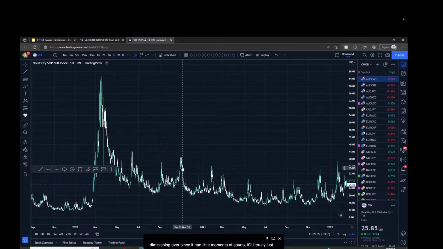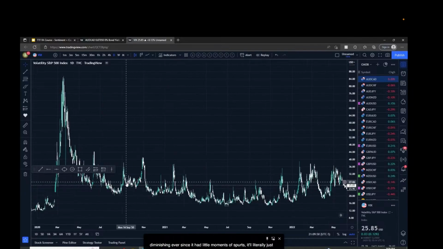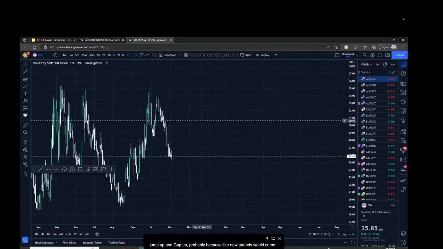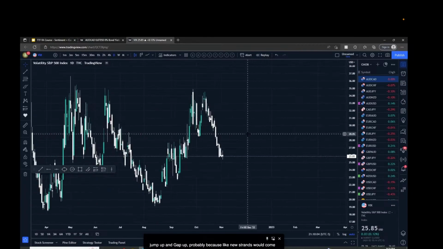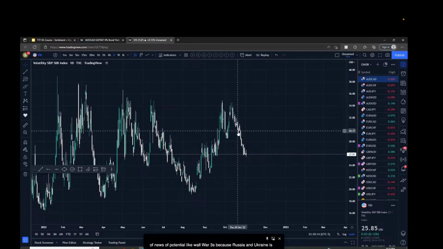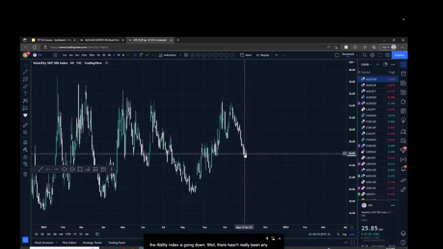It'll literally just jump up and gap up, probably because new strains would come out, and recently it spiked up here and here, probably because of news of potential World War III, because Russia and Ukraine is happening. And so even if you don't watch the news, you can just tell if the volatility index is going down, well, there hasn't really been any crazy news that allowed people to start panicking. So this is kind of a good idea of knowing the sentiment of the market just alone. So this is called the VIX, the Volatility S&P 500 Index.